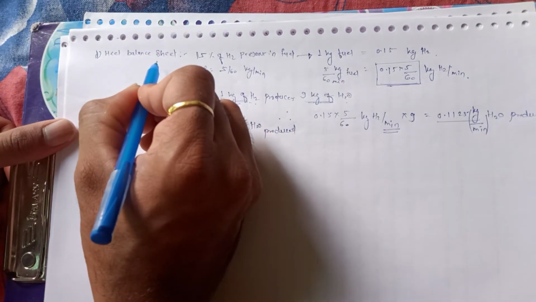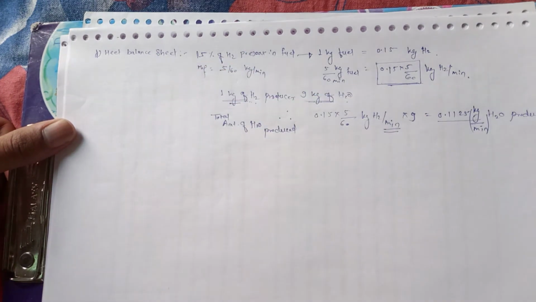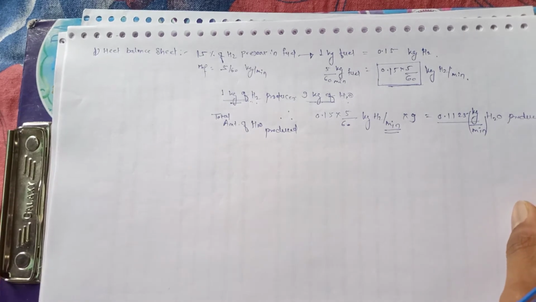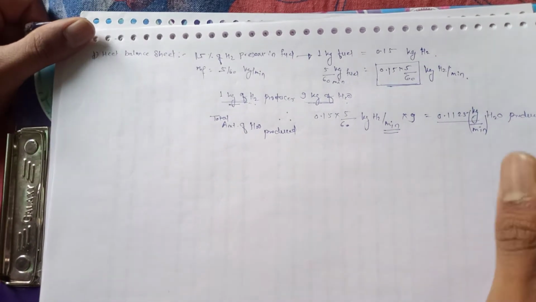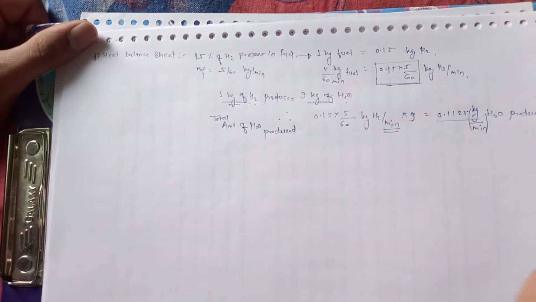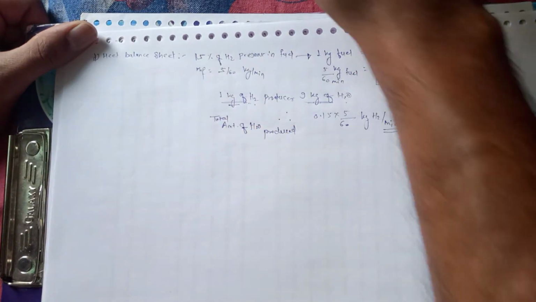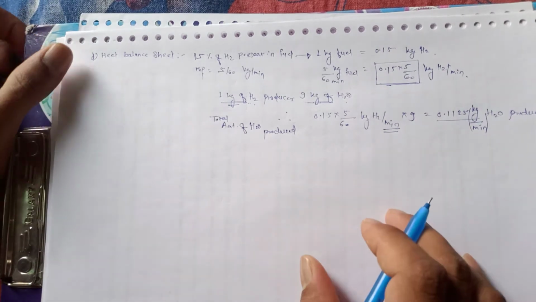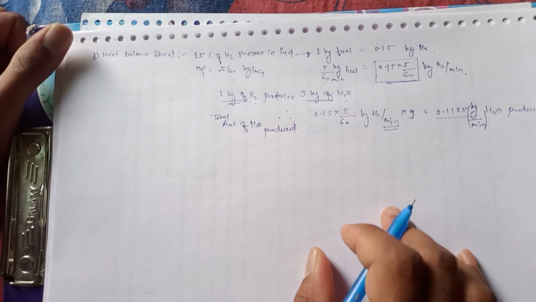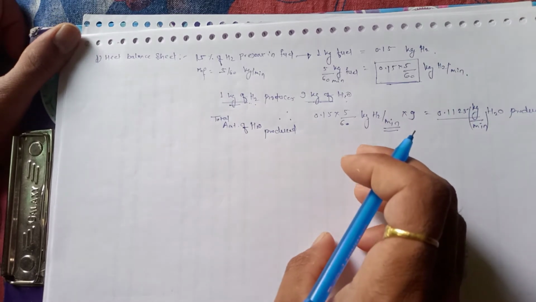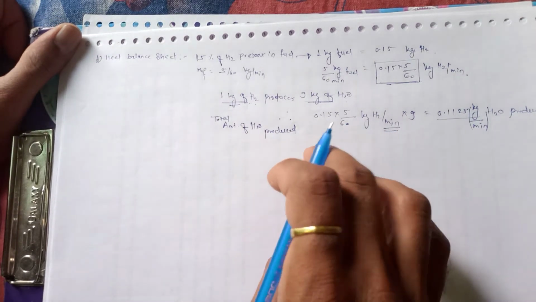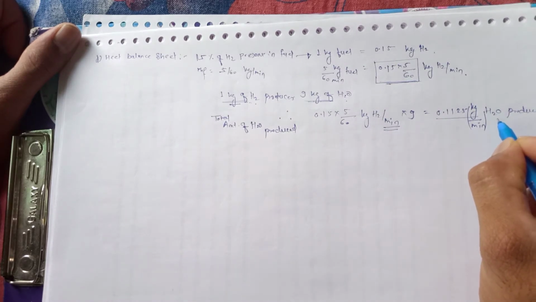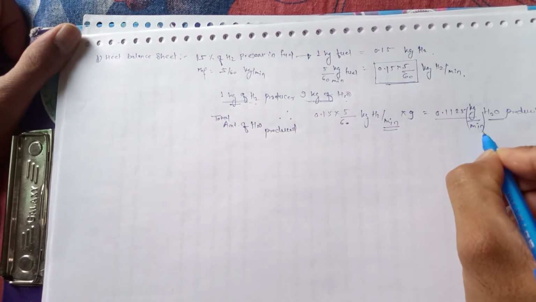So we know that the heat balance sheet is the account of heat input to the combustion chamber and the output from the combustion chamber. So this much amount of H2O we are getting in the exhaust gas. Therefore now we are finding separately the mass flow rate of the dry exhaust gas, and we got this amount of wet steam produced per minute here, isn't it?